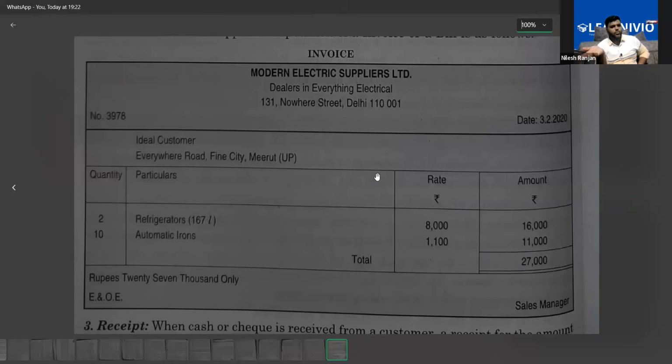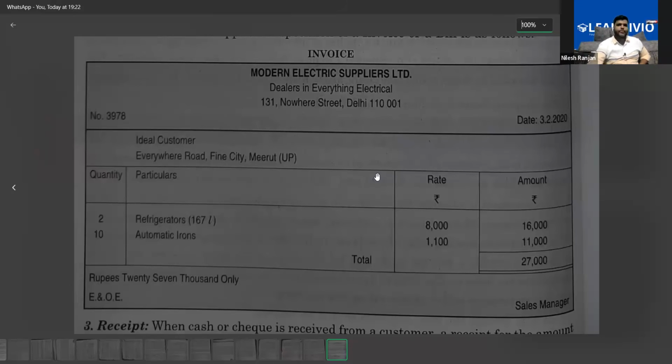No, simply no. Because we have purchased goods from Modern Electrical Suppliers Limited, it is our voucher.